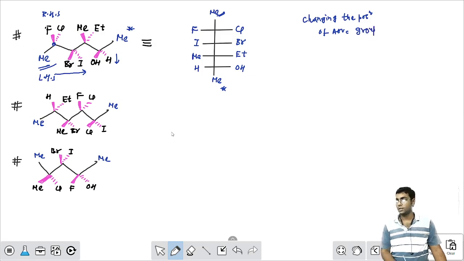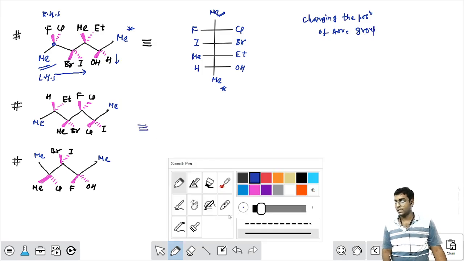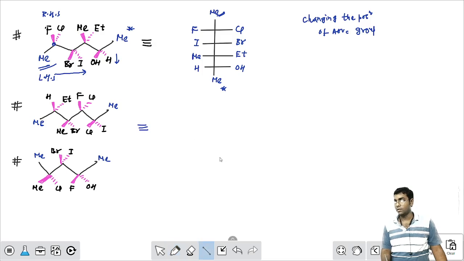Okay, so let's try for the next molecule in a similar way. So 1, 2, 3, 4. 1, 2, 3, 4. Okay. So it is methyl and it is also methyl.